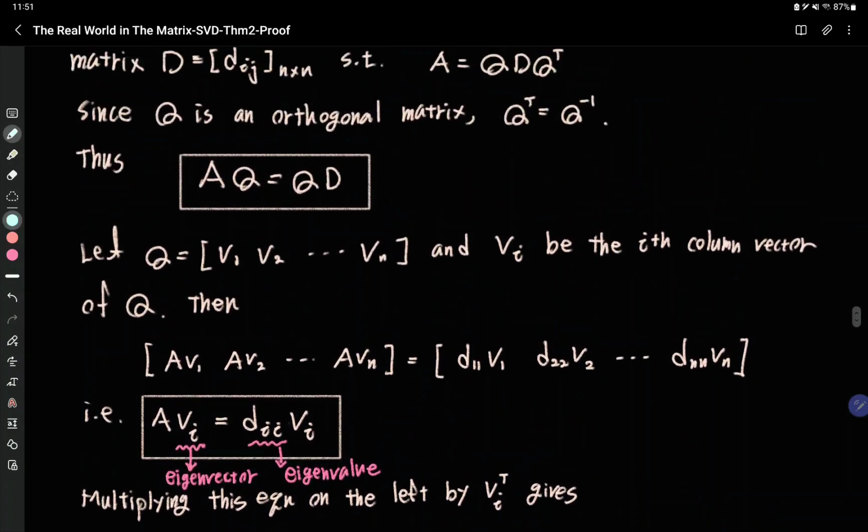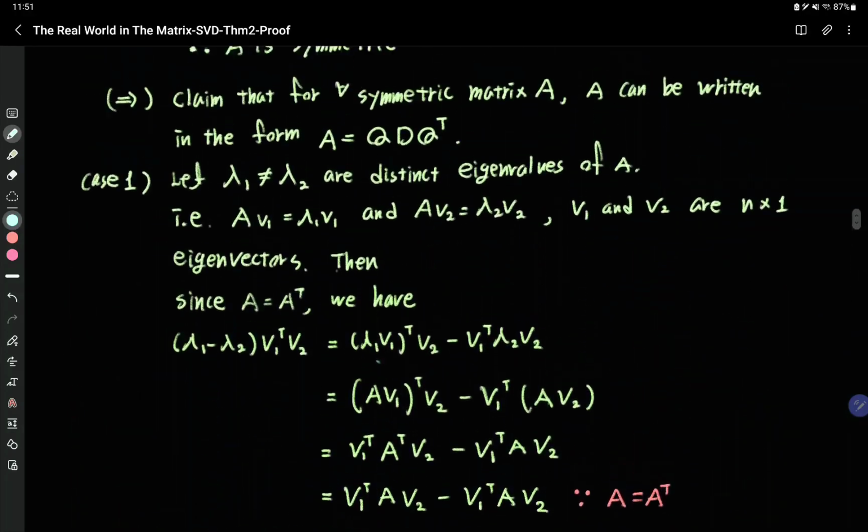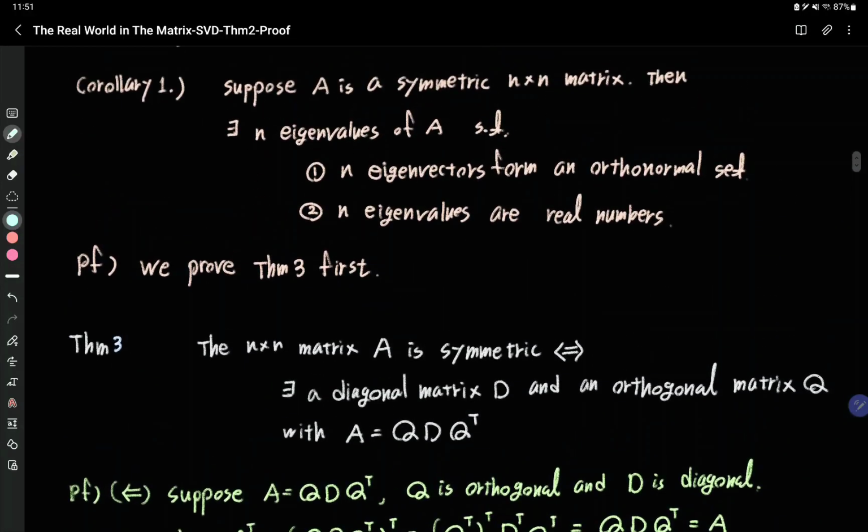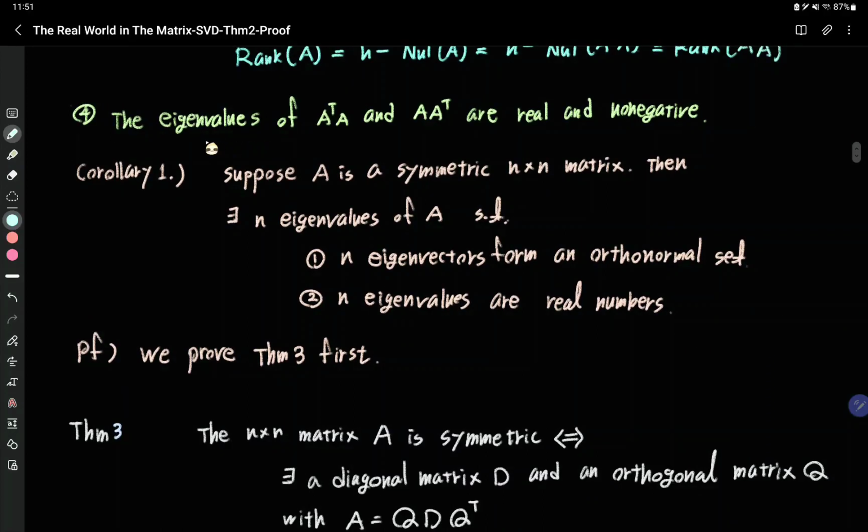So from here, I proved the statement that the eigenvalues are real and non-negative. To show that the eigenvalues of A A transpose and A transpose A are real, I proved corollary 1, since an eigenvalue is a real number. To prove corollary 1, I proved theorem 3.